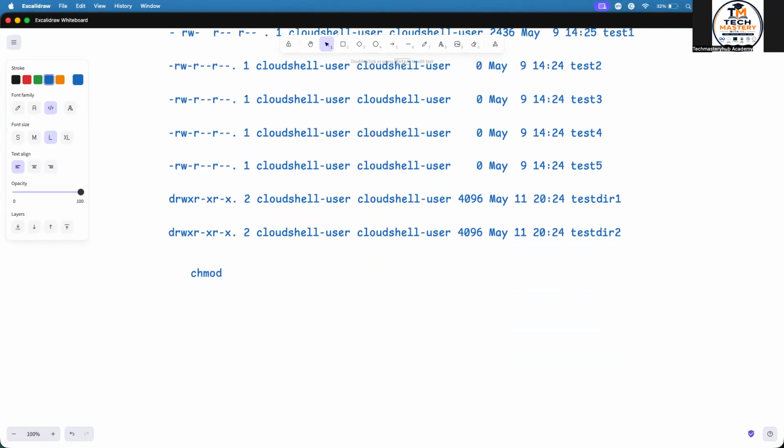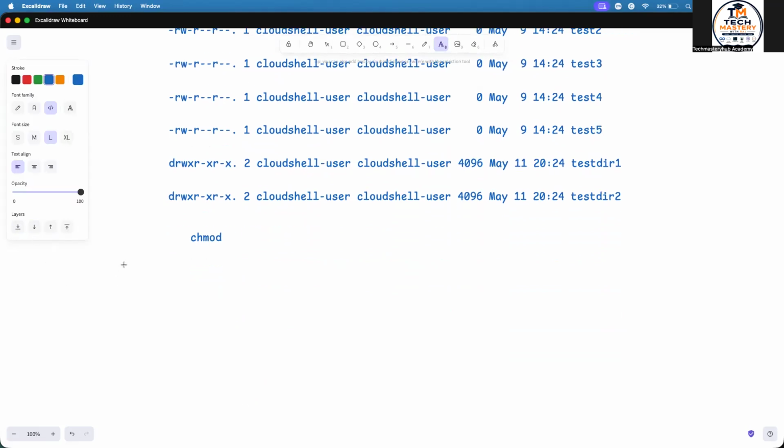There are two methods of changing the authority. One is the symbolic method and one is the numeric method. So let's understand the symbolic method, the symbols and their meaning. If the symbol is U, that means user.